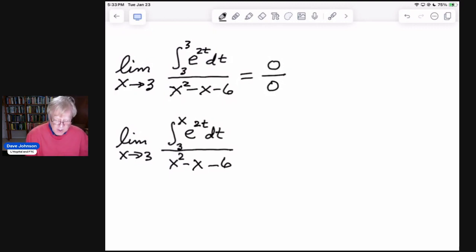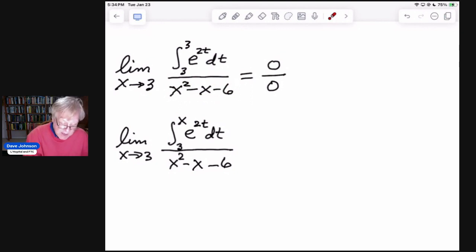The numerator is identically equal to 0 because of the limits. If the limits are the same here, then the definite integral has to be 0. And the denominator is going to be 0 anytime x is 3 or negative 2. And so in the case where x approaches 3, you get the indeterminate form 0 divided by 0.